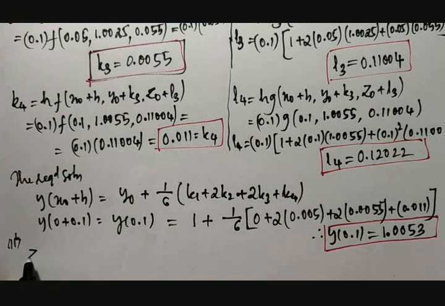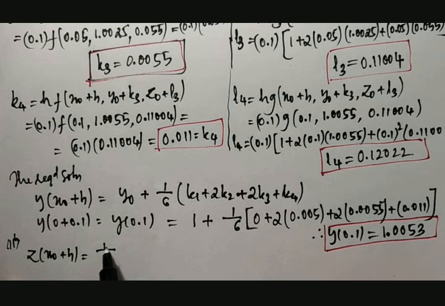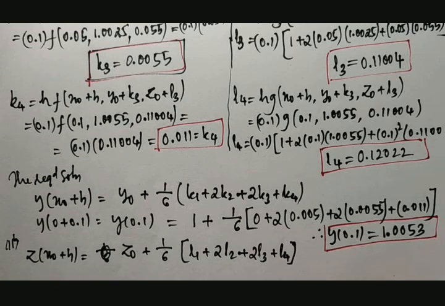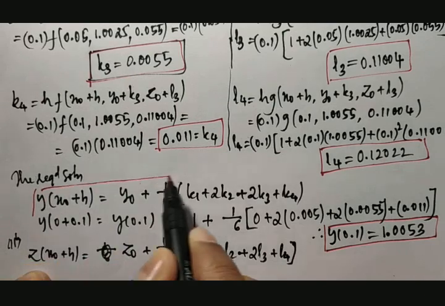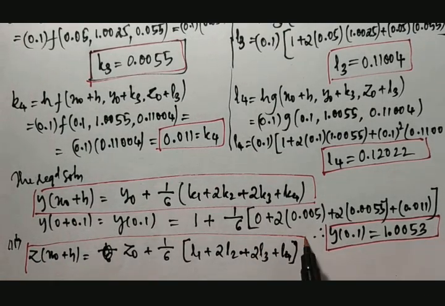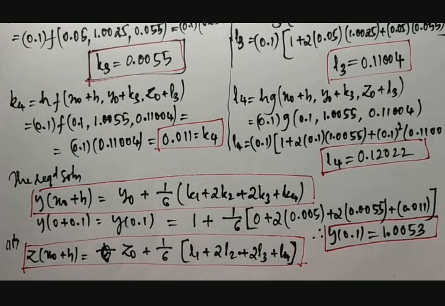Okay. Similarly, z of x0 plus h is equal to z0 plus 1 by 6 into L1 plus 2 L2 plus 2 L3 plus L4. This is the formula to calculate y, and this is the formula to calculate z. Now let us substitute all the values and see what the result will be.